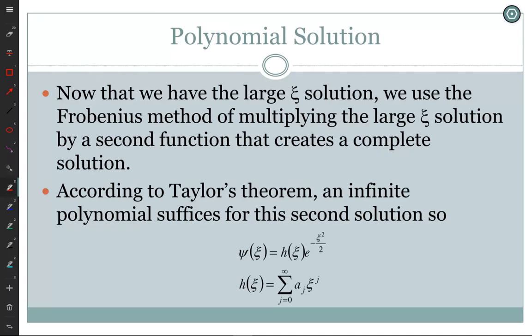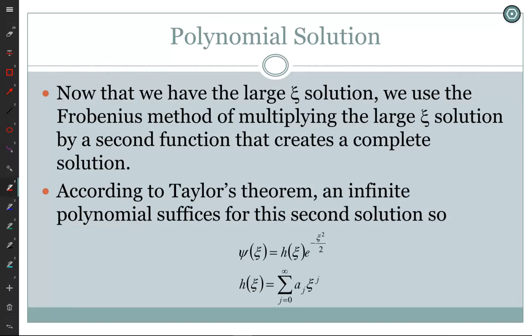So a0 times c to the 0 plus a1 times c to the 1 plus a2 times c to the 2, an infinite polynomial. You can make any function that ever exists as long as it's a function.